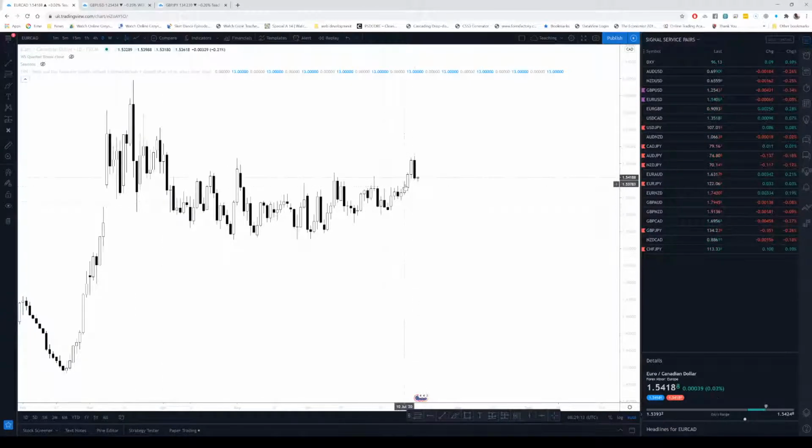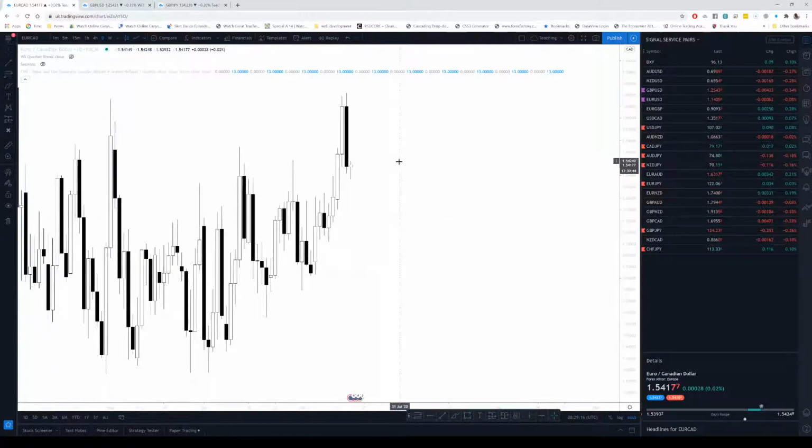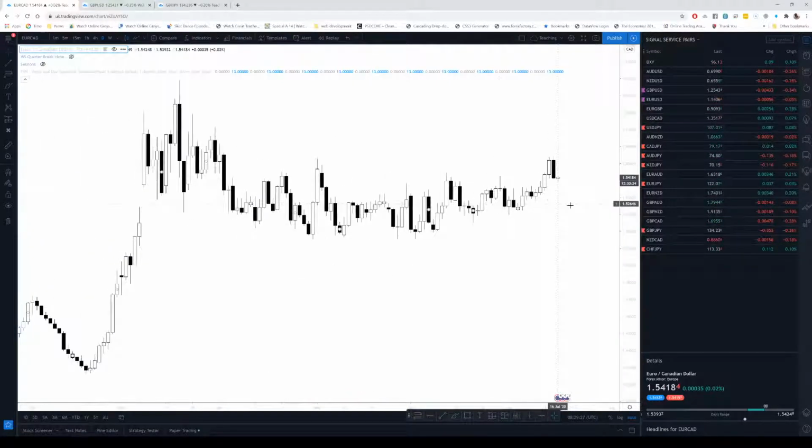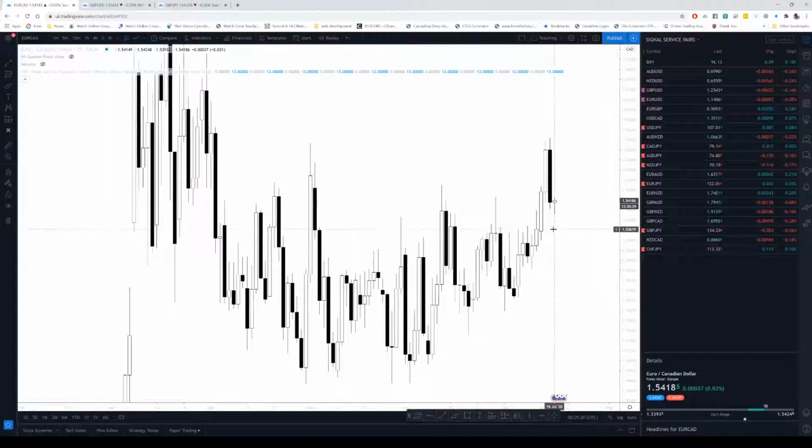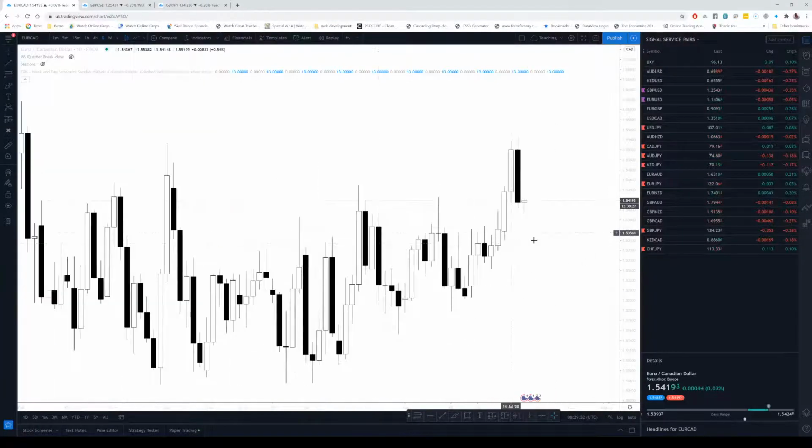We've been looking for a drop to the downside, however, we've not been successful with that. We've taken a win and a loss on this, and I decided to take it out because this is a mess on the daily time frame.